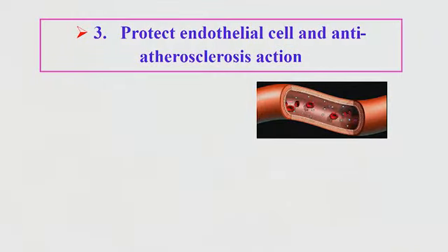And the next pharmacological effect of ACEI: it can protect endothelial cells and has an anti-atherosclerosis action. That means ACEI can protect vessel cells and can be used to treat atherosclerotic disease.